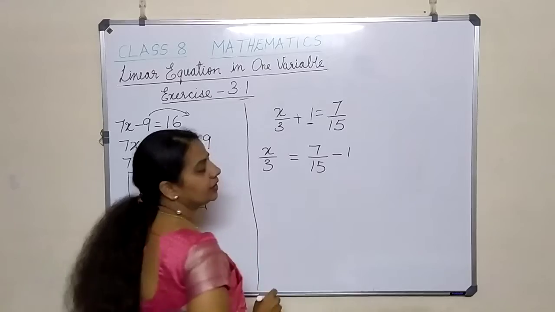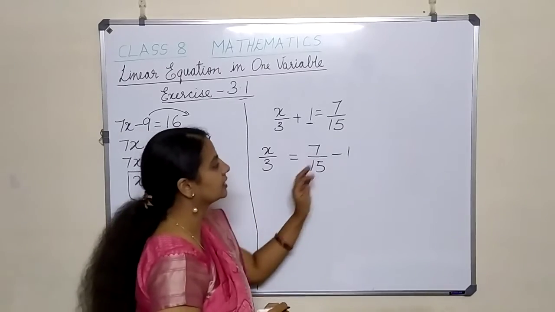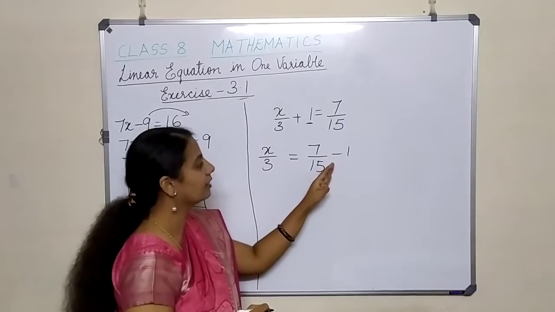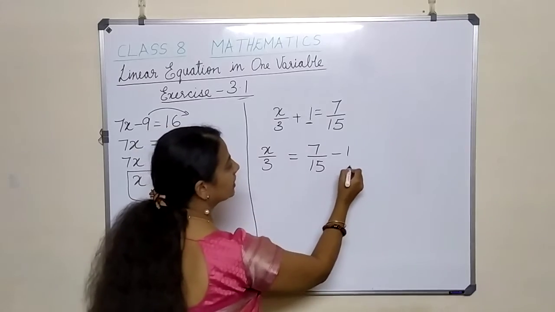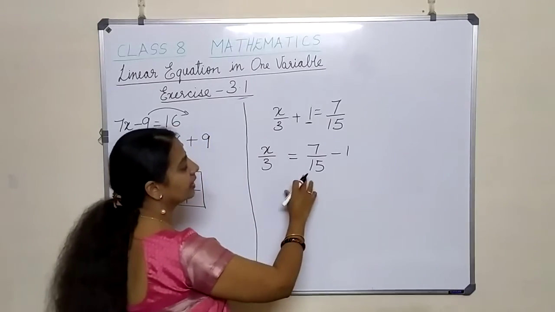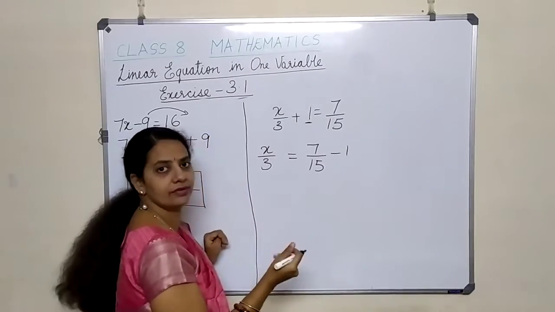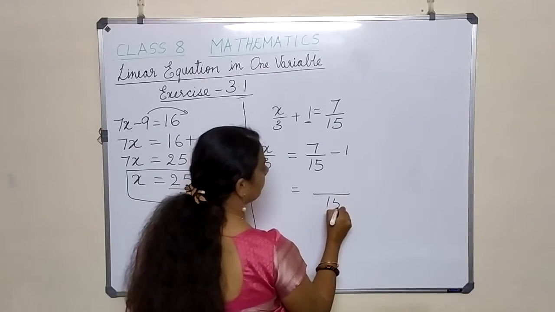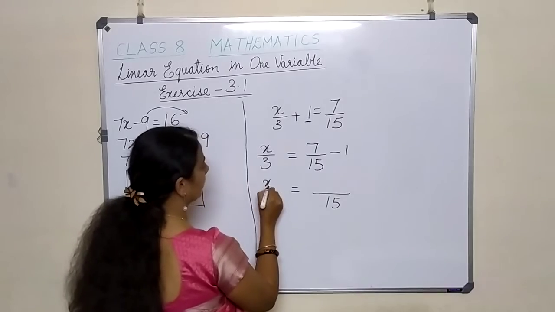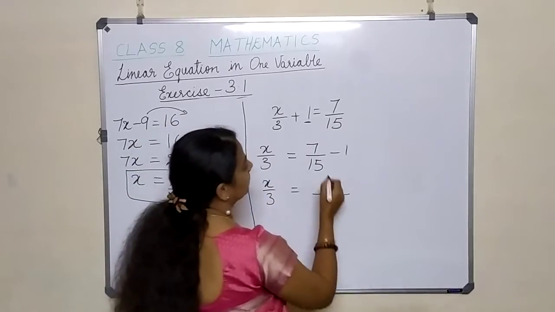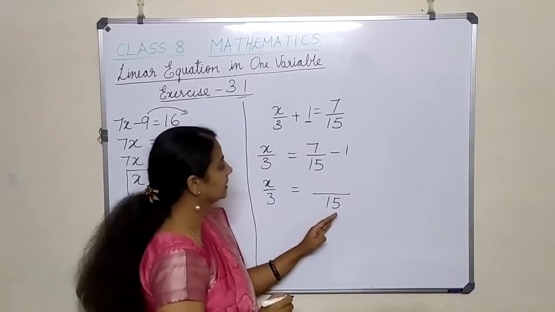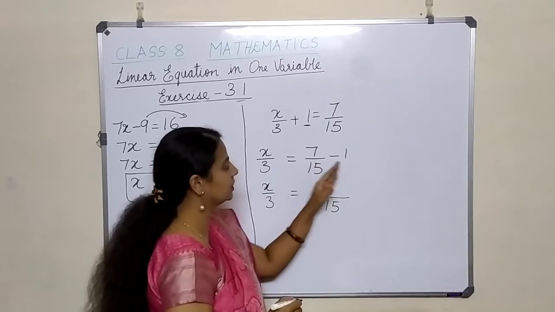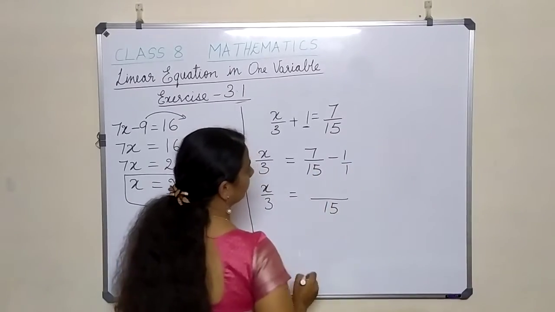So here we have to solve this. How do we do this? We have to take the LCM. Here nothing means 1 itself. What is the LCM of 15 and 1? It will be 15 itself, right? So LCM is 15. This one as it is you write down.